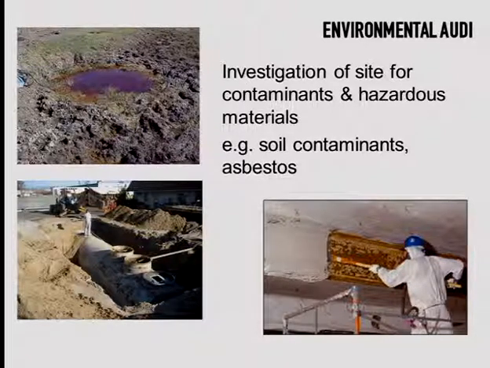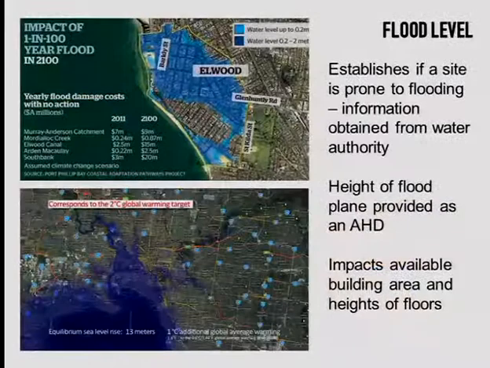Okay? And that's a serious health issue. So generally when you refurbish buildings now, you have to remove that asbestos, which is a very, very expensive operation to do. Okay, so here's someone removing that asbestos fireproofing, which would have been discovered through this environmental audit.